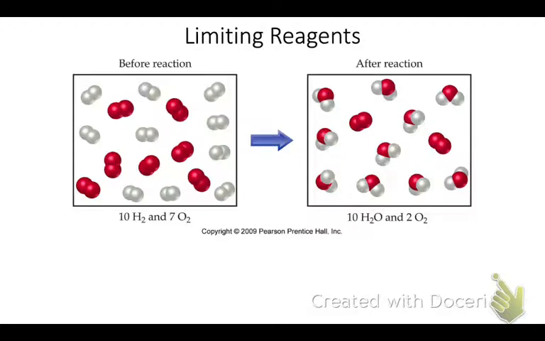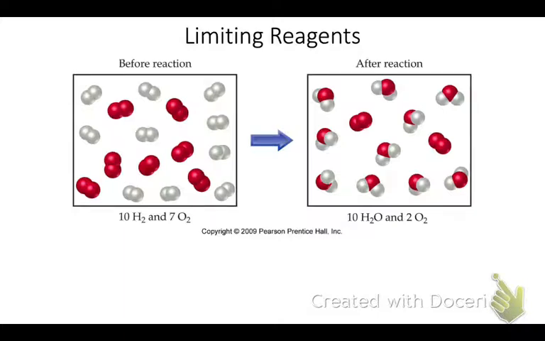If I'm asking you why did that happen by just simply looking at the picture, you will tell me, well, those oxygen molecules don't have any hydrogen molecules to react with them. So the amount of water was limited by how much hydrogen I have. I have extra oxygen, but hydrogen limited how much water I can get.